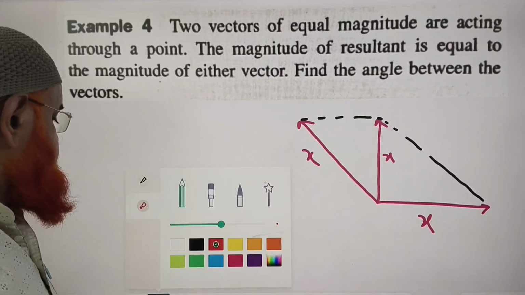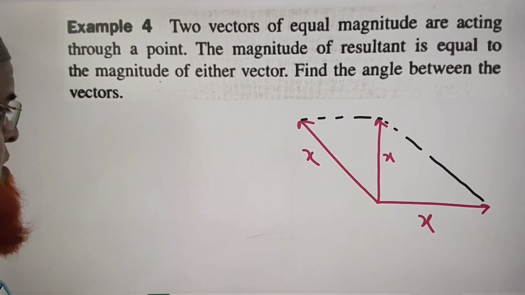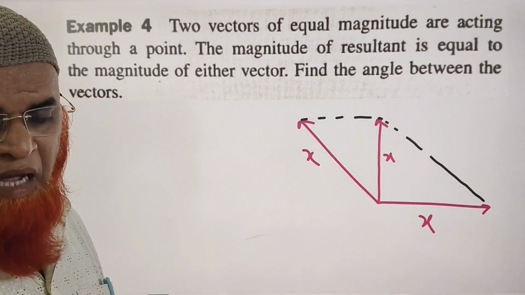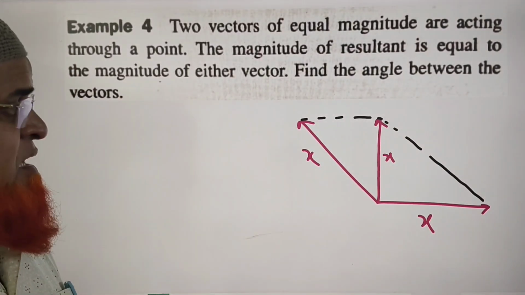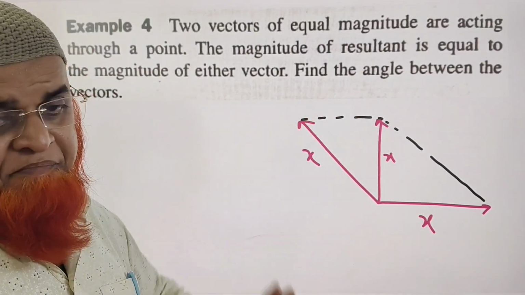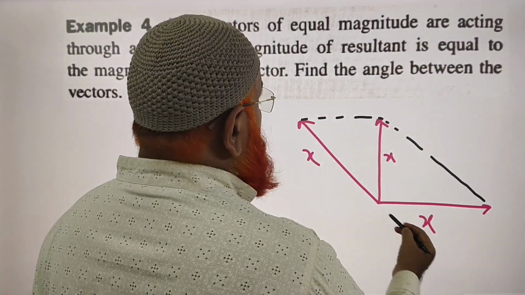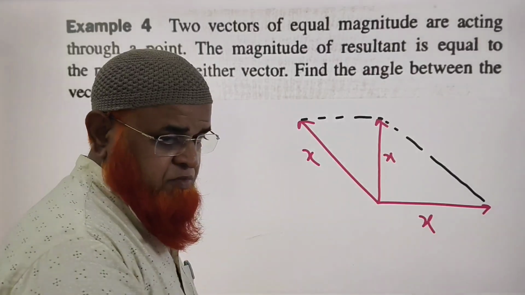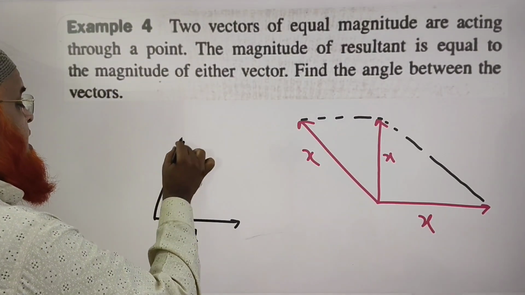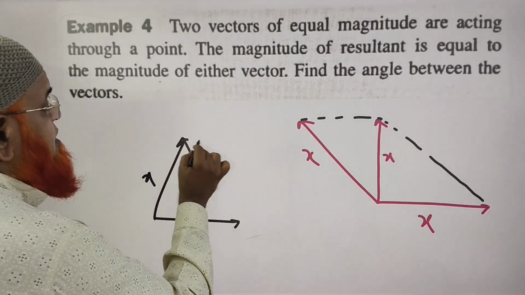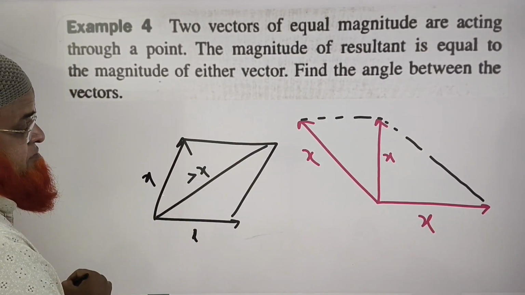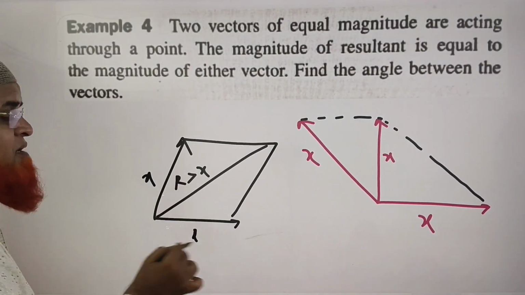Let's see here now. These are the two vectors. This is the resultant according to the parallelogram law. When the resultant and the two vectors are the same, then this should be the shape. That means one angle should be greater than 90, then only it is possible. Why? I will tell you. See, when this is x and this is x, the resultant will become greater than x.